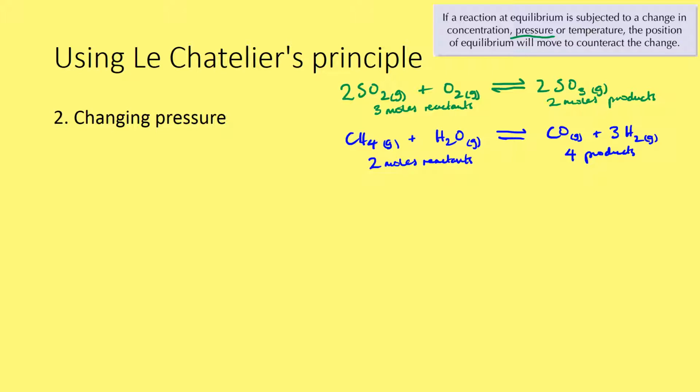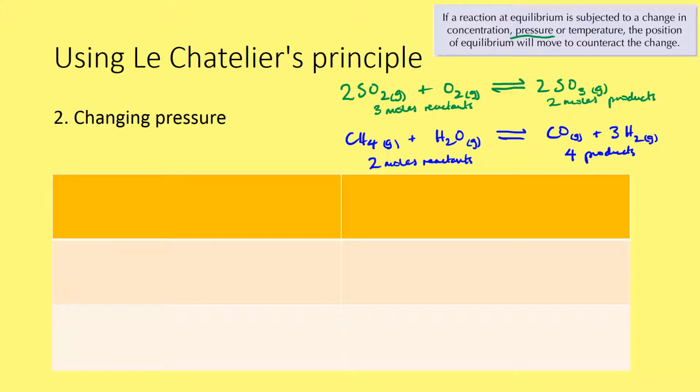So in the same way as we did with concentration, let's have a look at a table. Okay, so let's have a look at what change in pressure we might make, and in the same way what the equilibrium position does.